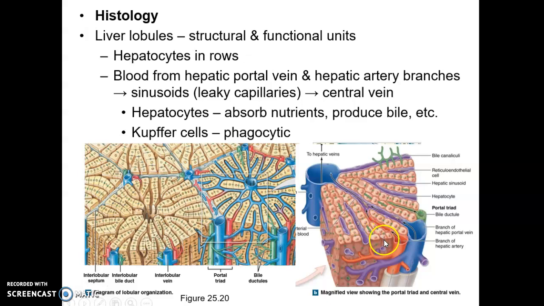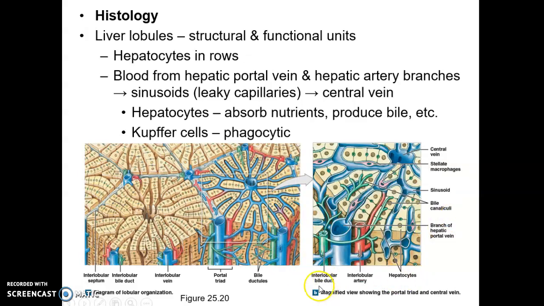And then notice in the opposite direction is the movement of the bile, also produced by the hepatocytes, heading towards these small vessels called bile ductules here, over here called bile duct.